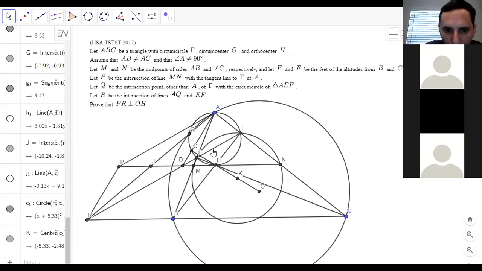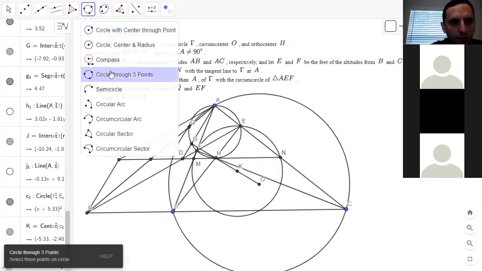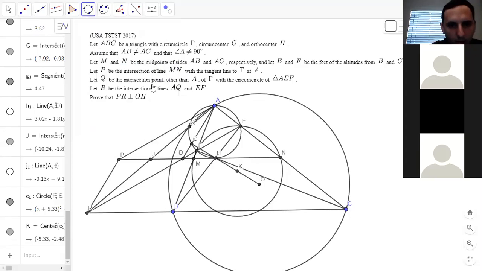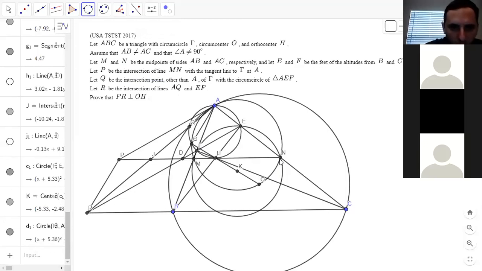Can you draw the circumcircle of AMN? It passes through O, right? Yes. And we easily have that EFMN are concyclic, right?